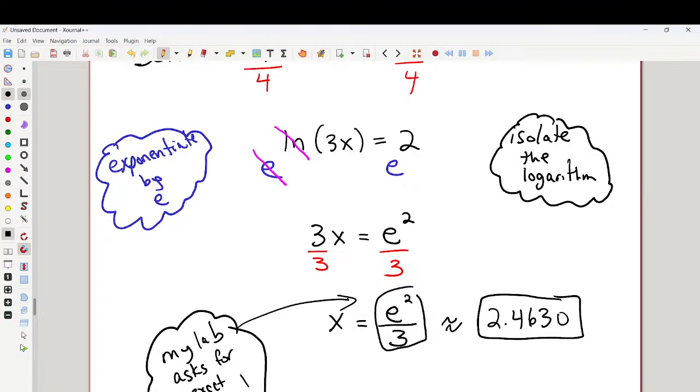So even though I just converted to a decimal, I probably shouldn't have even done that, but I wanted to. The reason being, E, you just have to kind of say, that's it. It's a number, just like if we had a pi symbol. Leave it alone. If someone says what's a decimal, you put 3.14 in a calculator or whatever. But it will say, make sure you give your exact form. That's this guy right here. Should it say approximate form, that would be this. But I know it's going to ask for the exact.